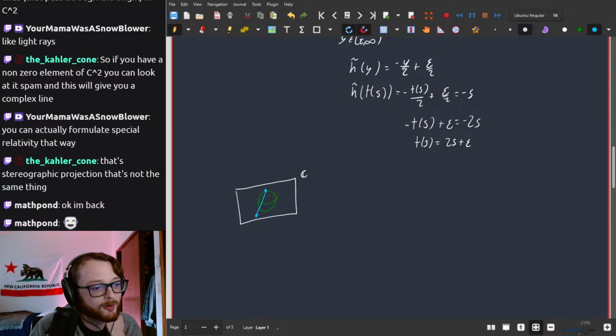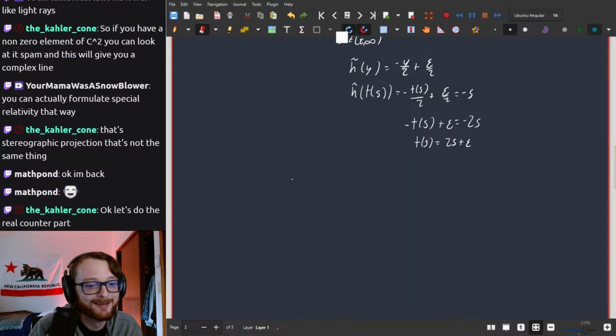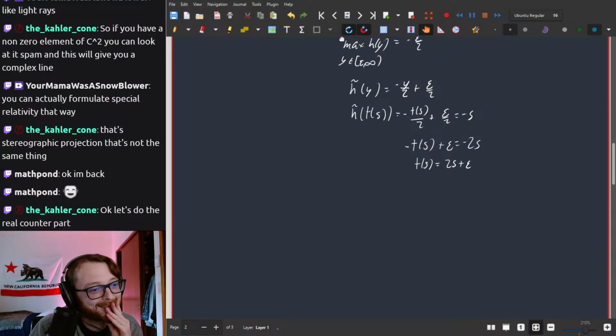If you look at a non-zero element of C2, you can look at its span, and this will give you a complex line. I think I'm a little lost then.